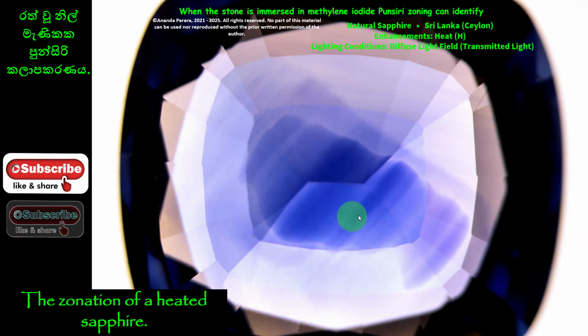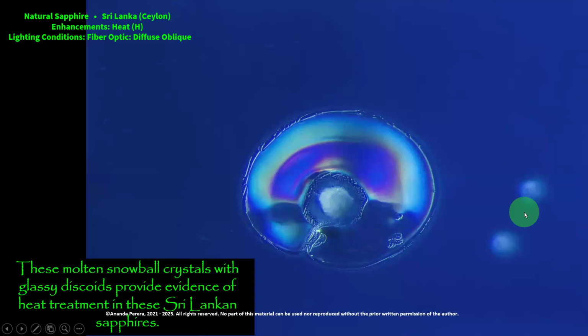The zonation of heated sapphire is here. That is called Punsiri zoning. Next one here. Lighting condition here is fiber optic, diffuse, oblique. Look at the inclusion here. You can understand here a molten snowball crystal with glassy discoids.